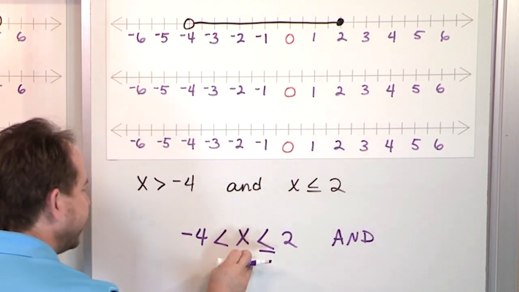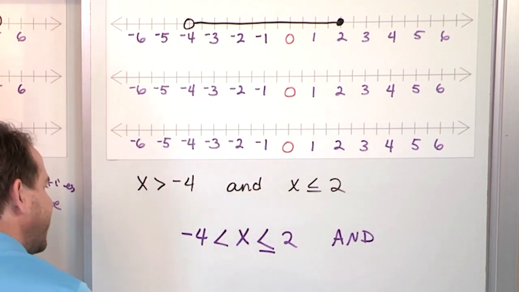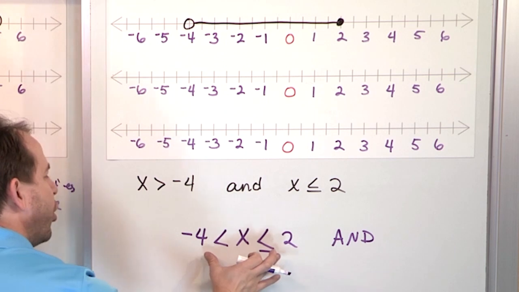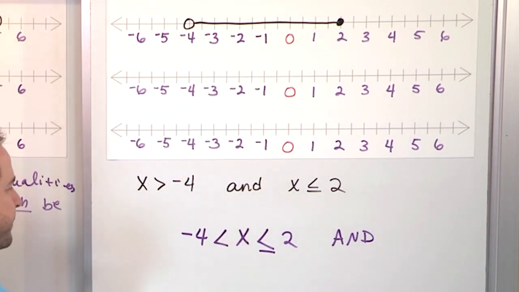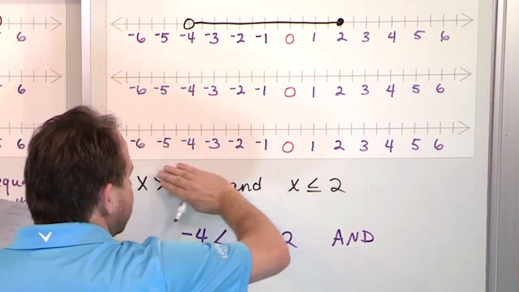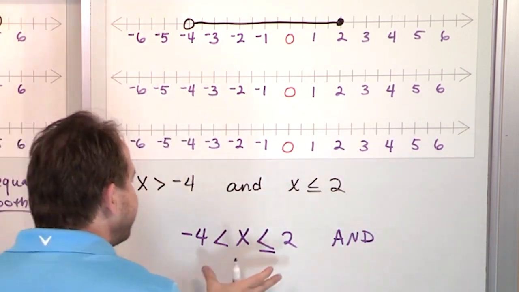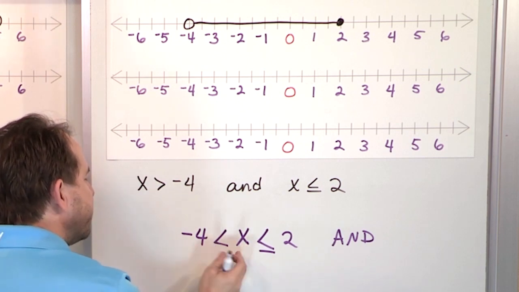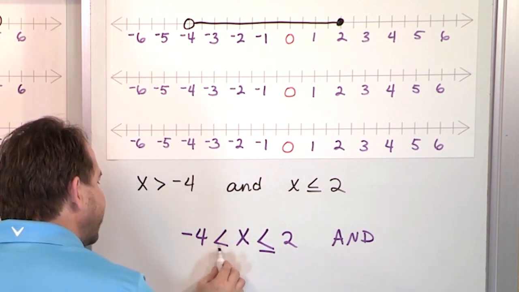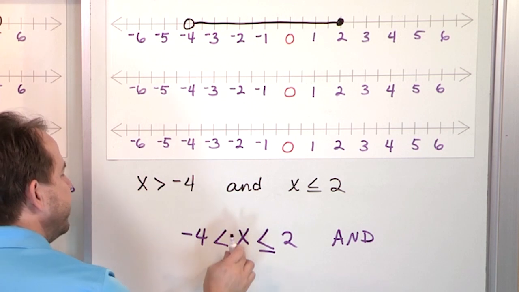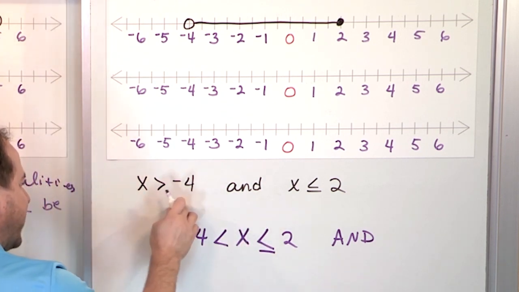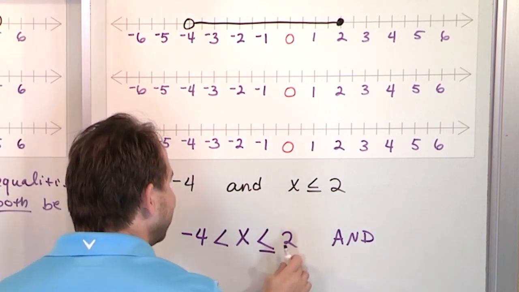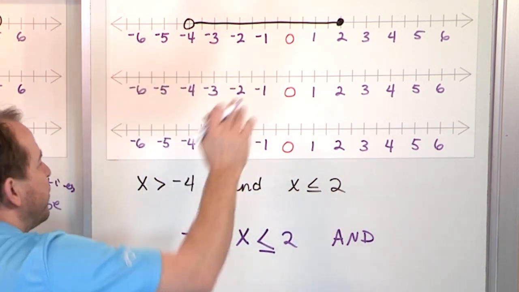So anytime you see double arrows pointing to the left like this, it means "and." You can always read this and know that it's going to form a line segment on your number line. And then to graph it, if you were not given the "and" form initially and were just given this, then you would read it from the inside out. You would say x greater than -4, and you'd write that down, x less than or equal to 2, you'd write that down, and then you would graph it.